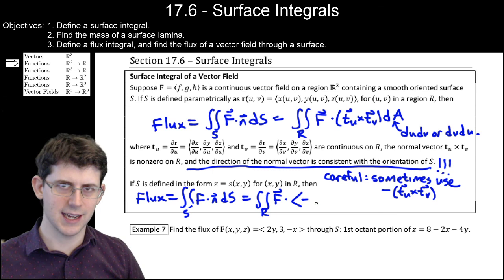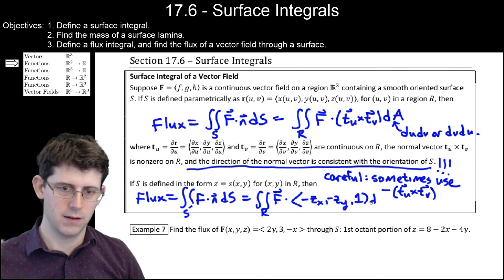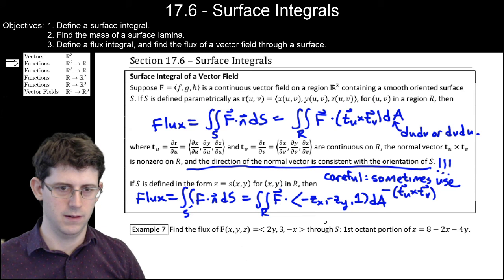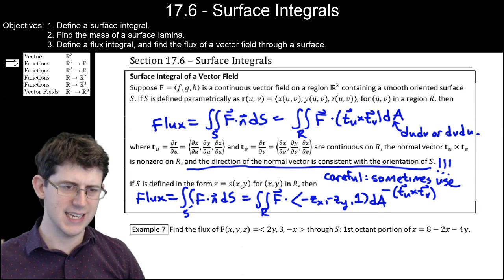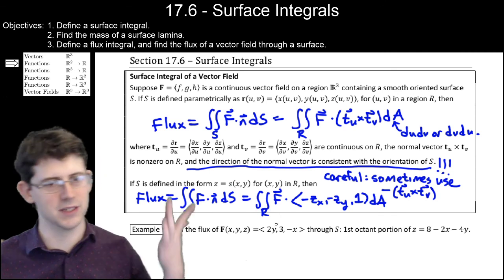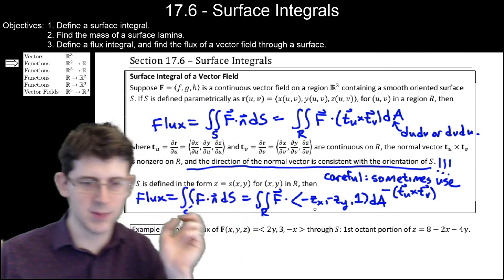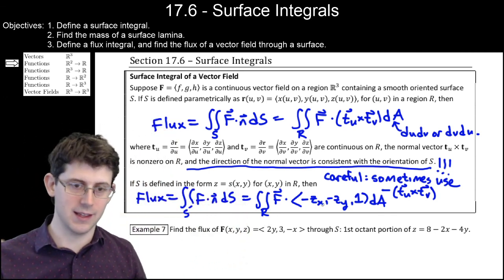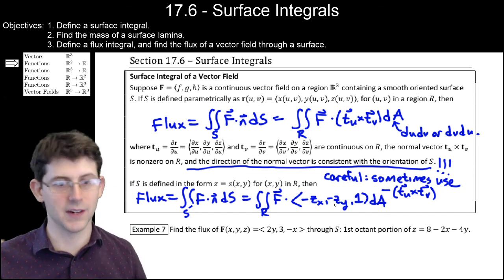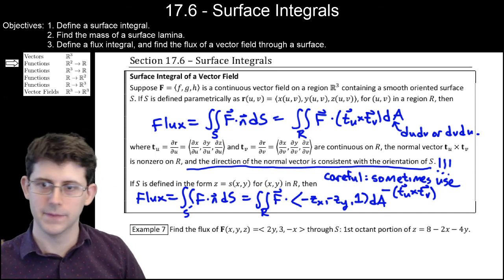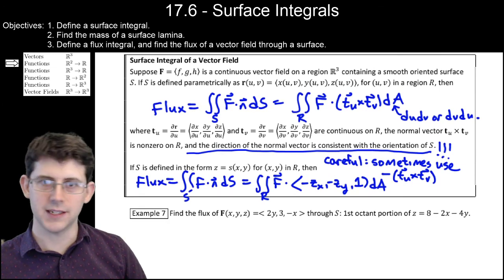It was minus x partial, minus y partial, and plus 1. You could put zx and zy. It's named the function s of xy because we're just running out of variables. It's the x partial derivative of the function that defines the surface and the y partial of the function that defines the surface. So let's get some flux integrals here.